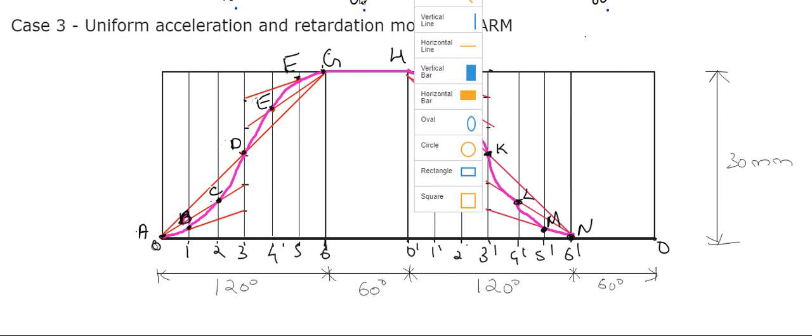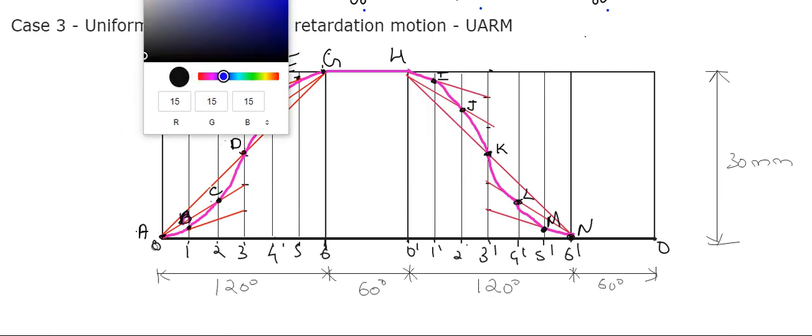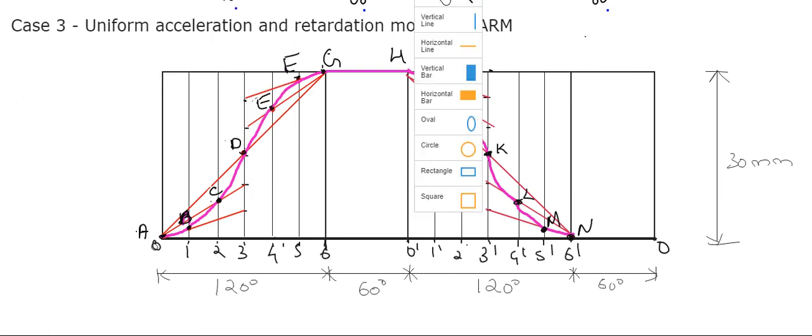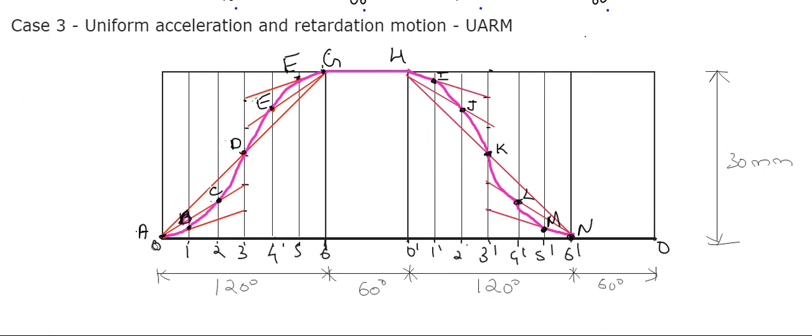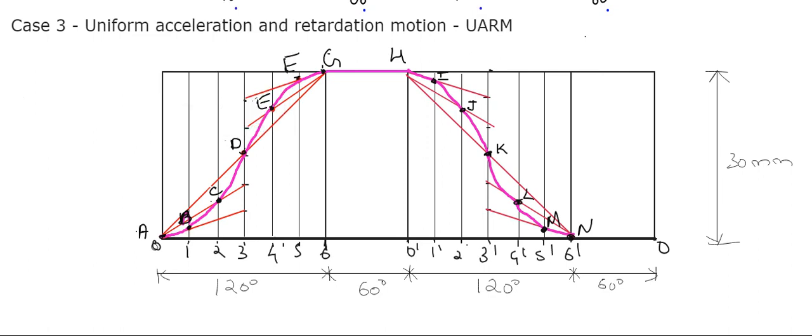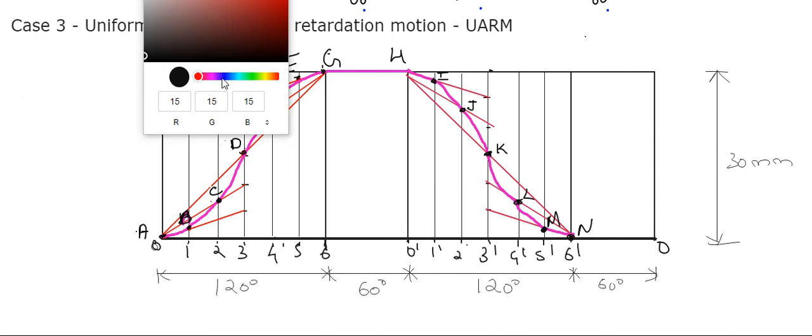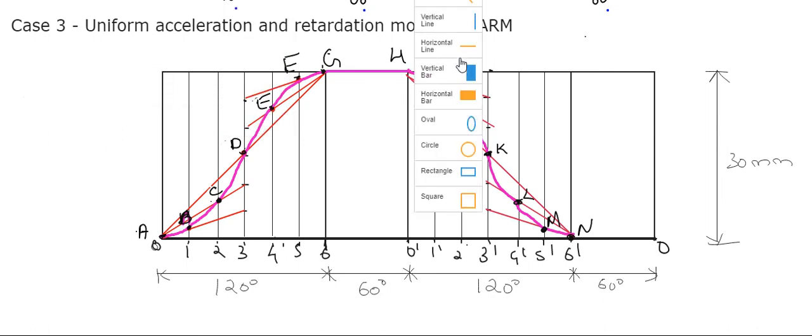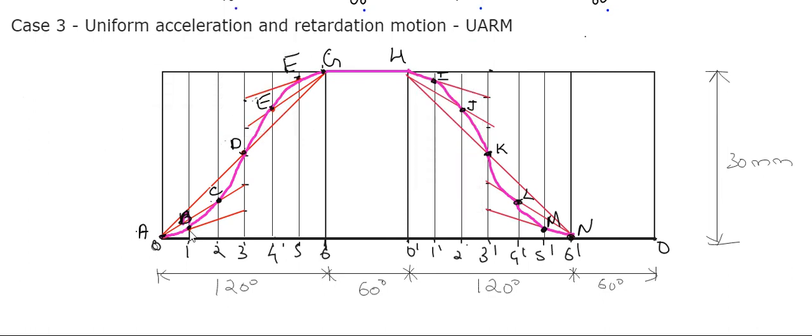Here also, we need to identify those lines which are cutting across the cam profile with the bottom one. So we need this one. So let's mark it with a blue color. So this line we require, this line, this line, that line.